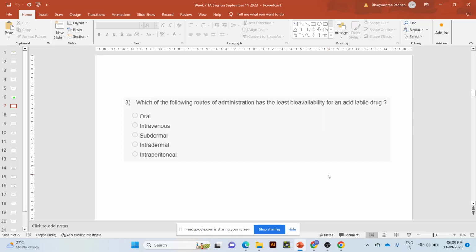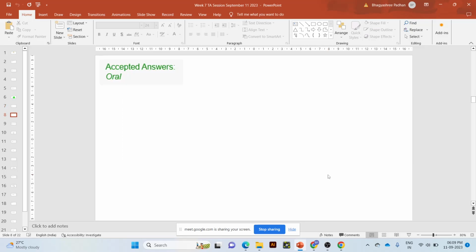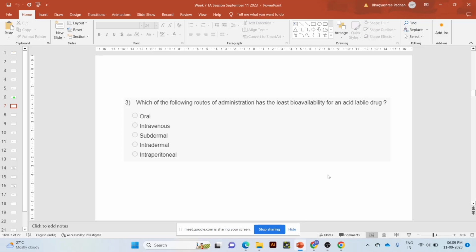Yes, you guys are all correct. It will be oral. So basically, it is asking for least bioavailability of an acid labile drug. That is, the drug is prone to destruction by acid, and in the oral route it will go into the stomach where it can get destroyed by the stomach's acid. So oral will be the correct option.